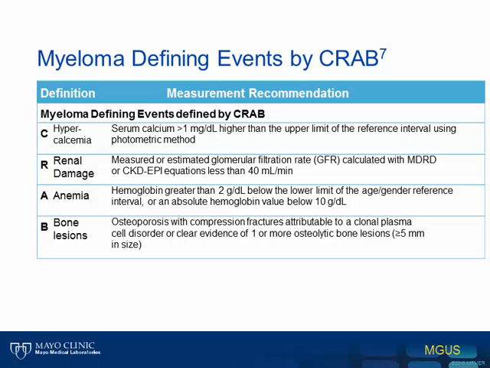A stands for anemia, defined as a hemoglobin greater than 2 grams per deciliter below the lower limit of the age or gender reference interval, or an absolute hemoglobin value below 10 grams per deciliter. B stands for bone lesions, defined as osteoporosis with compression fractures attributable to a clonal plasma cell disorder, or clear evidence of one or more osteolytic bone lesions greater than or equal to 5 millimeters in size.